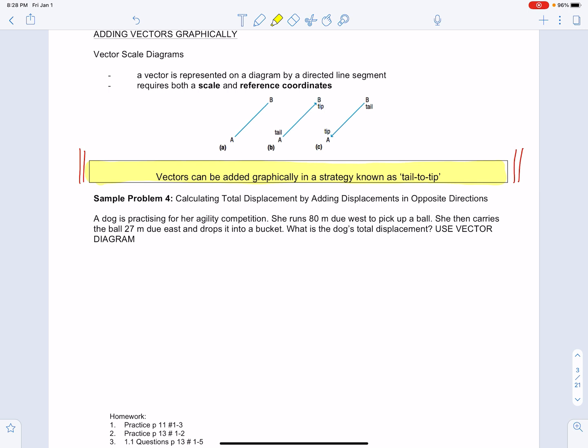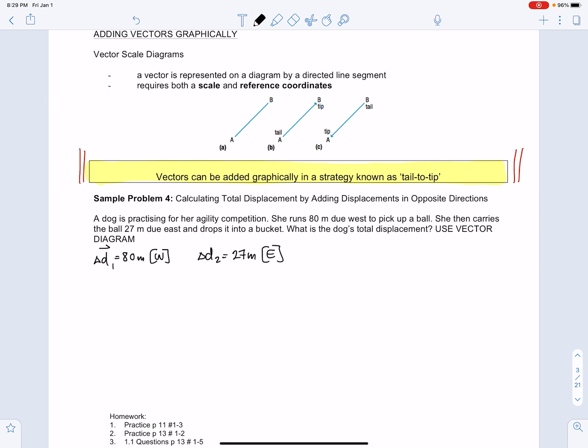Use vector diagrams. Okay, so we're going to write down what's given. The dog runs a displacement of 80 meters west, 80 meters west. And then, that's our initial displacement. And then our second displacement is 27 meters east.